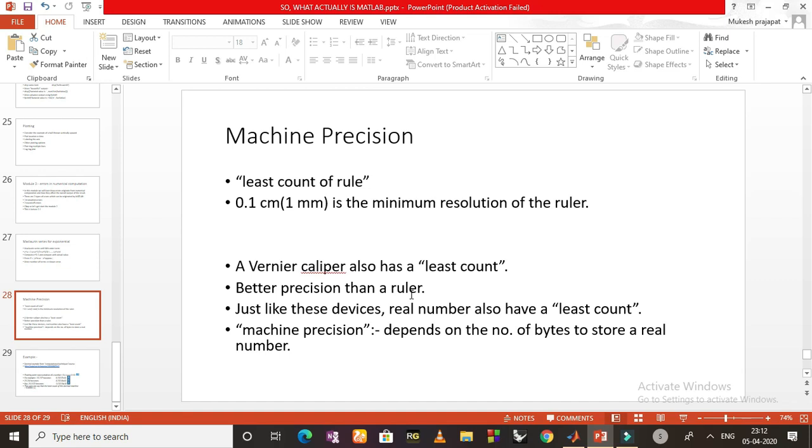And when we use a double number, it is stored in 8 bytes. Sorry, that is my mistake, it is 8 bytes, and it has more machine precision. So every standard value has a lower machine precision, and a double number has more accurate values with higher precision.